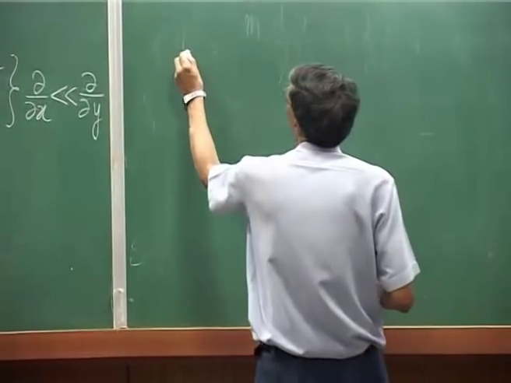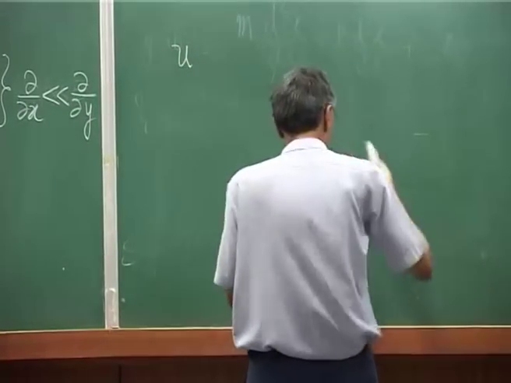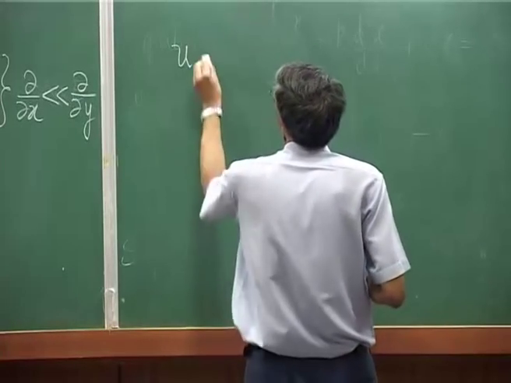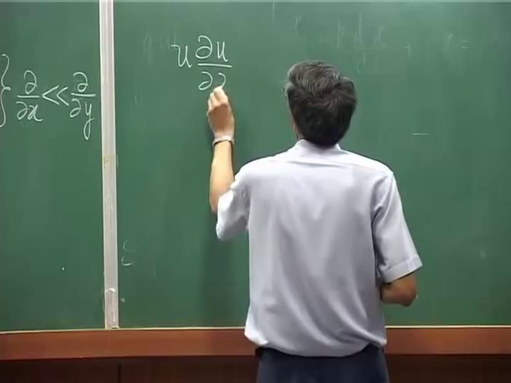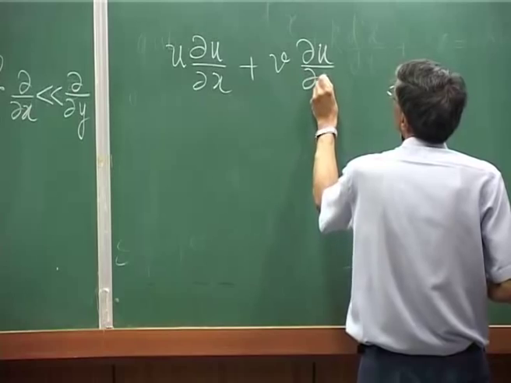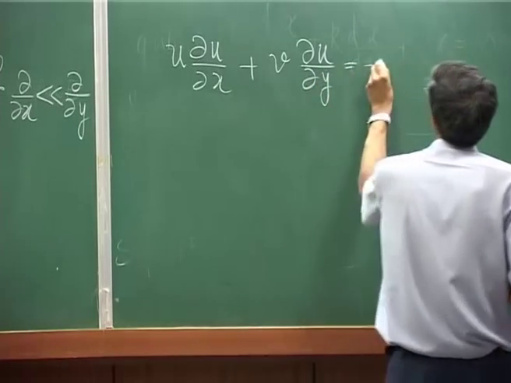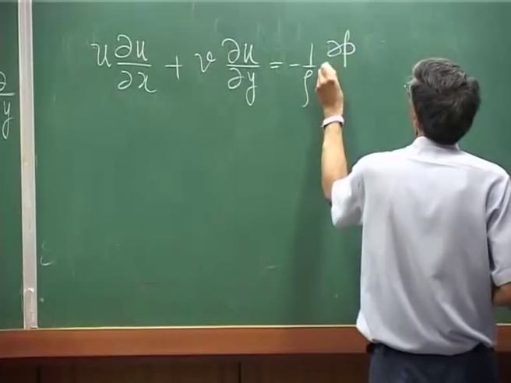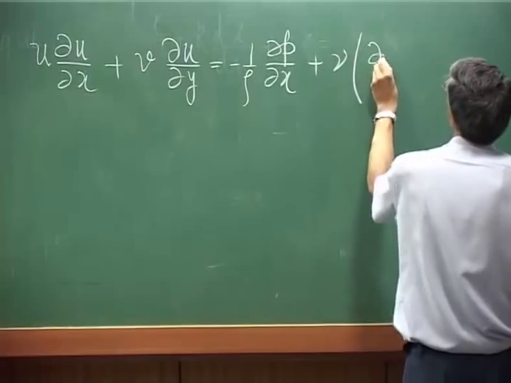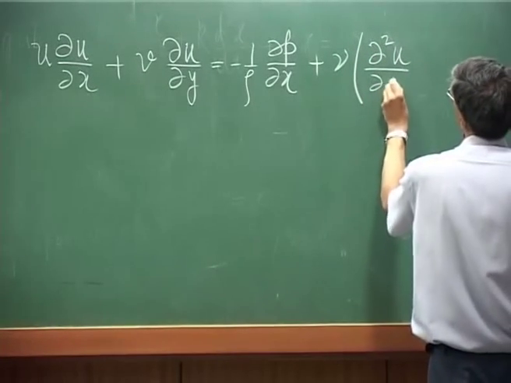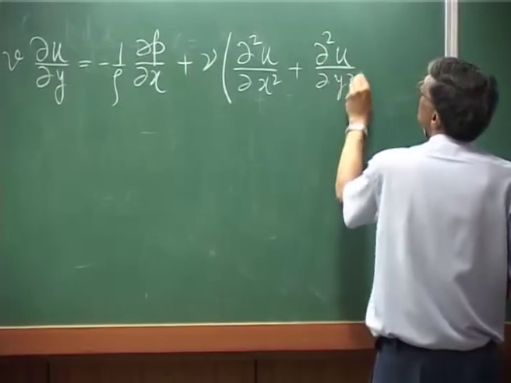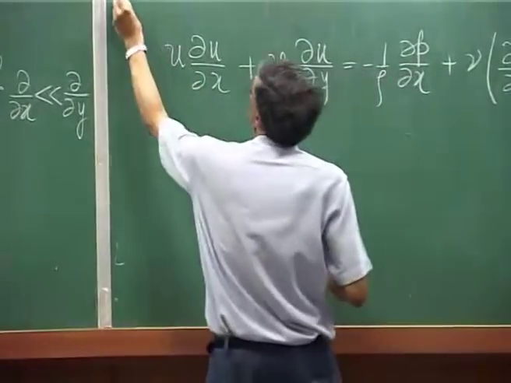So, if we are looking at steady flow as we are, this is your nonlinear term which we talked about, this is the pressure gradient term, and this is what we have in the Navier-Stokes equation, the diffusion term. I have written down here for you one of the momentum equations.